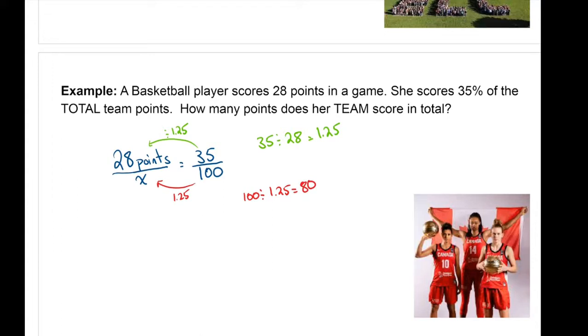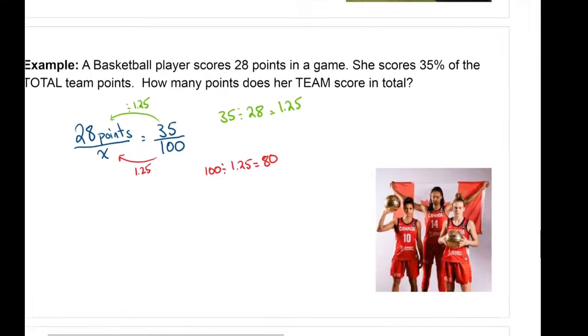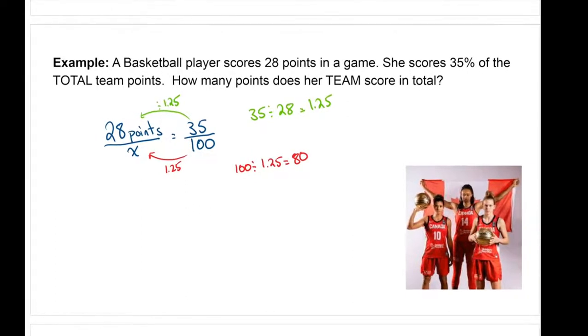So that means the total team points is 80. If you want to double check your work, you can do 28 out of 80 total and see, does that work out to 35%, which it does.